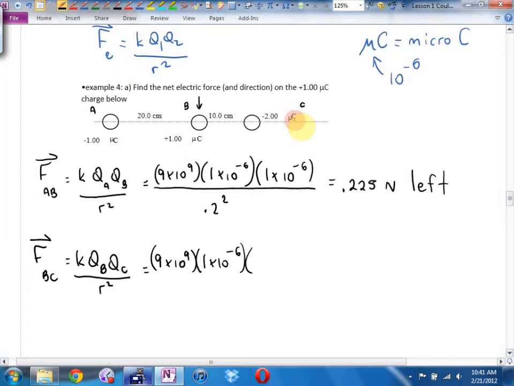I'm not going to put the negative in, I'm just going to put a 2 microcoulombs. The negatives and positives will tell us which direction. How far apart are charge B and charge C? Look at the diagram. 10 centimeters. So I write 0.1 squared.